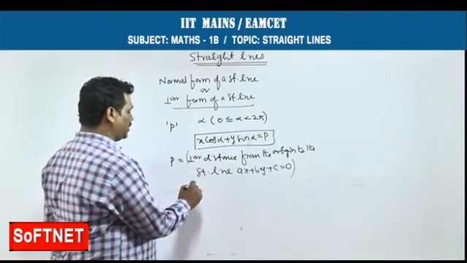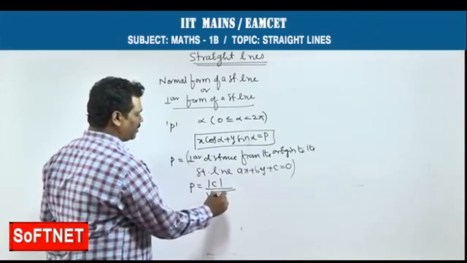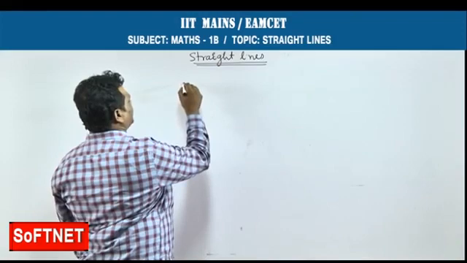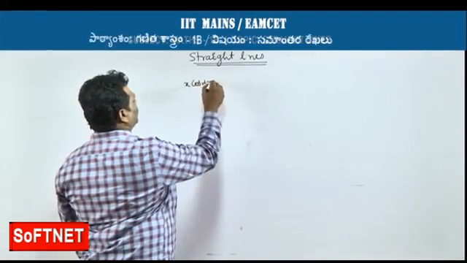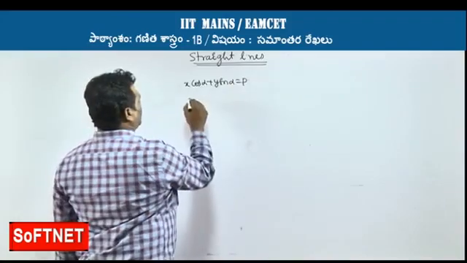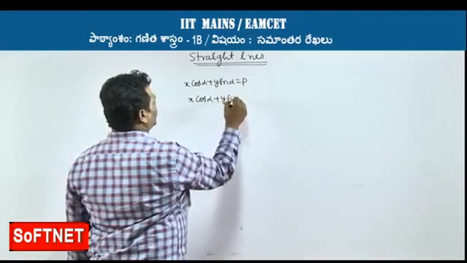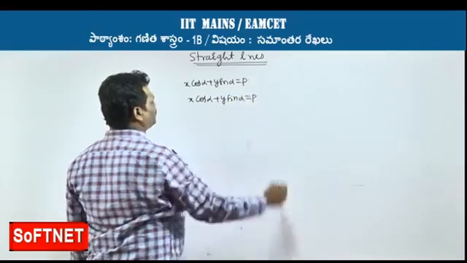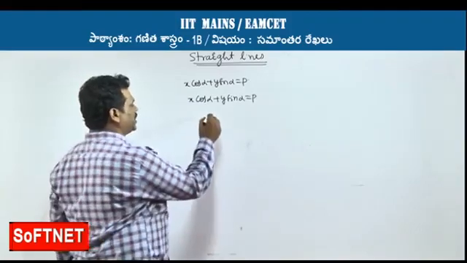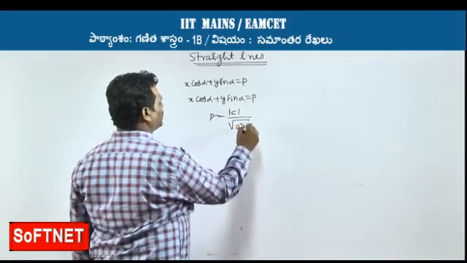What is the formula here? p is equal to mod c by under root of a square plus b square. The normal form of a straight line is x cos alpha plus y sin alpha equal to p, where p is the perpendicular distance from the origin to the straight line. We know that p equal to mod c by under root a square plus b square.